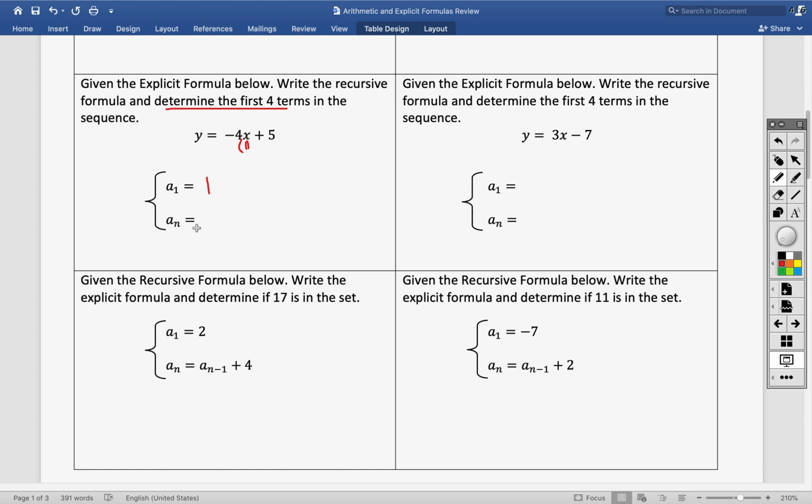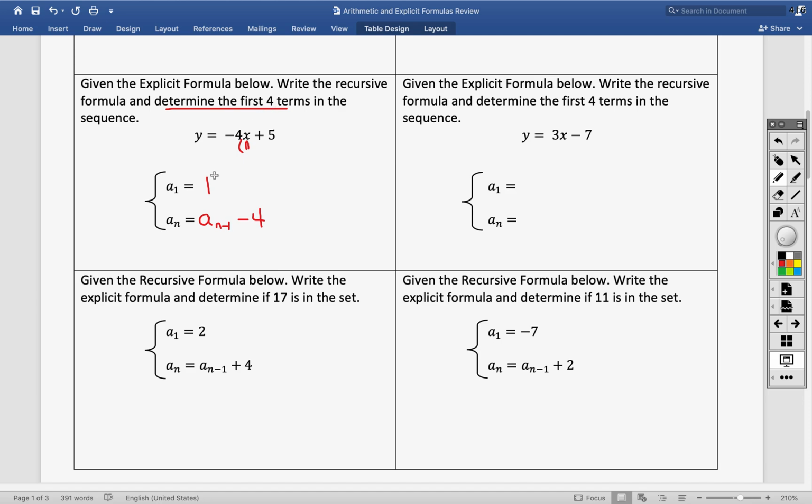Then to finish up this recursive set, you take the previous number and you simply bring down your slope. So you're going to minus 4. What this says is the first number in the set is 1, and to find every other number in the set, you take the number previous to it and subtract 4.